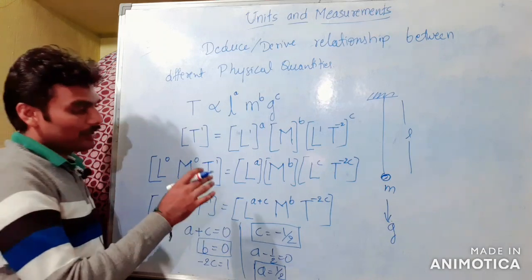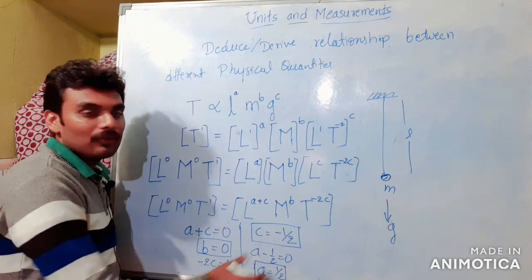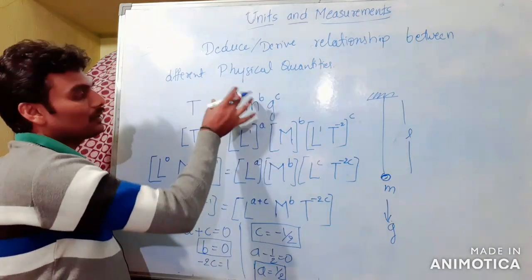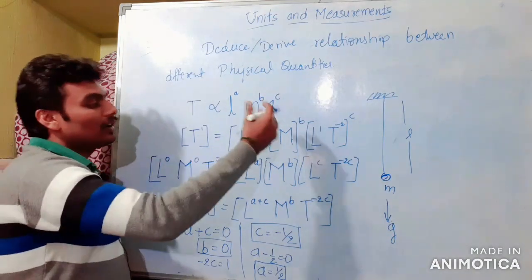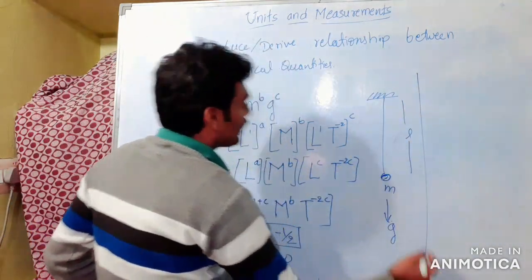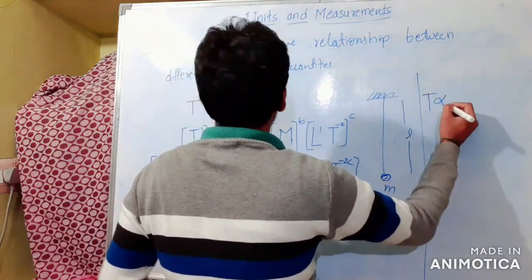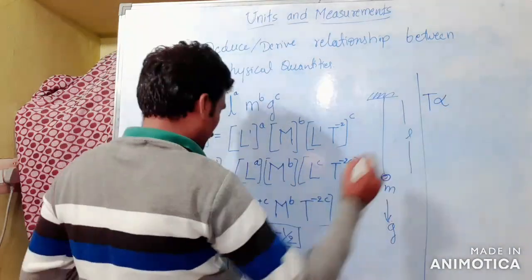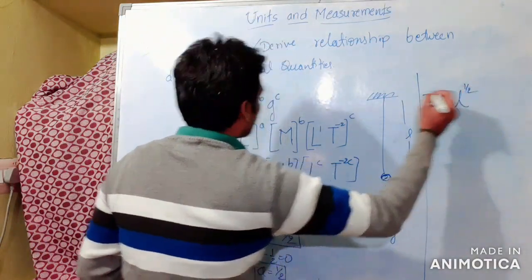Okay, so that's it. We now have the values of A, B, and C, and hence if I put all these values of A, B, C into the actual consideration, I can get the dependence of T on L, M, G. How does it look like? So now T is proportional to L raised to A. What is A? A is half. So L raised to half.